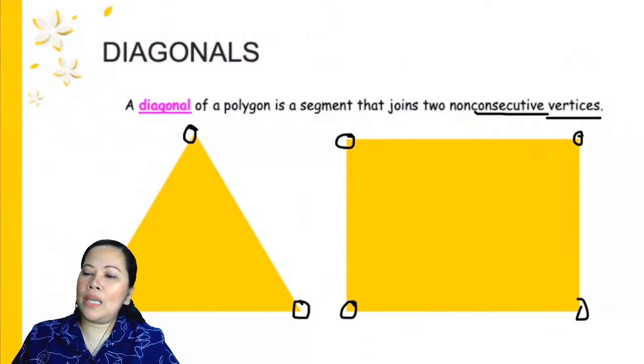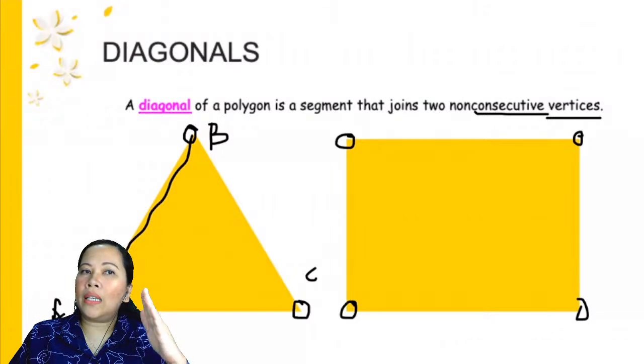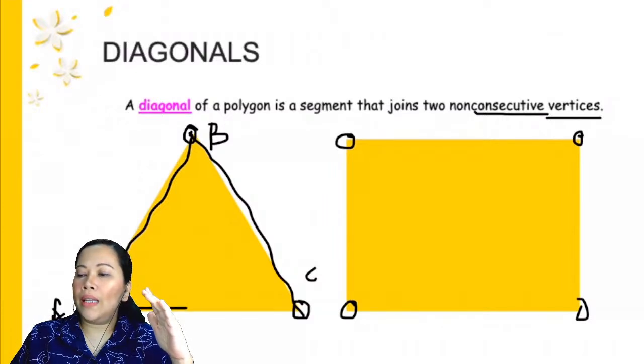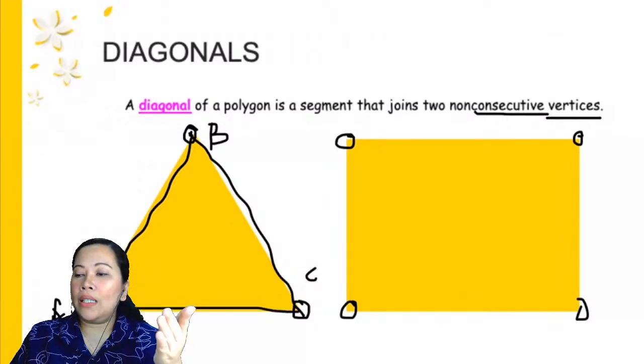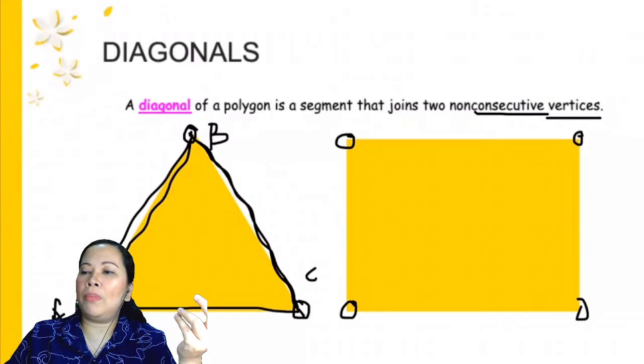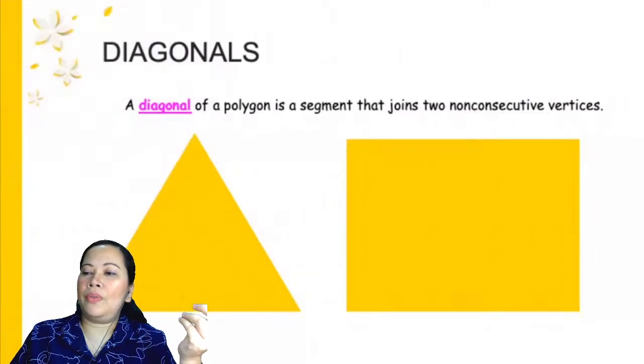So for example, if I have A, B, and C, AB here is a consecutive side with BC. Or AC, its consecutive side is CB or AB. All right, so that is what we meant by consecutive.